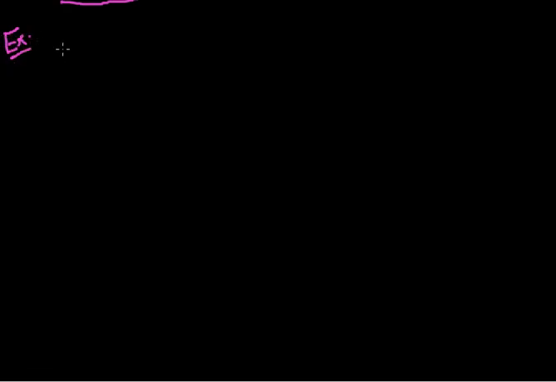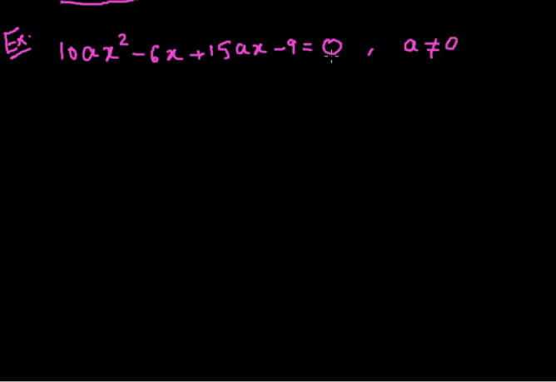The question is 10a x square minus 6x plus 15ax minus 9 is equal to 0, where the value of a is not equal to 0. This is the condition given in the question.